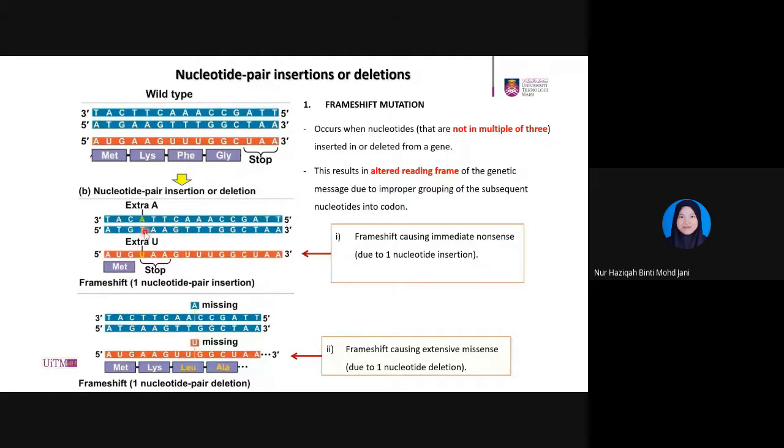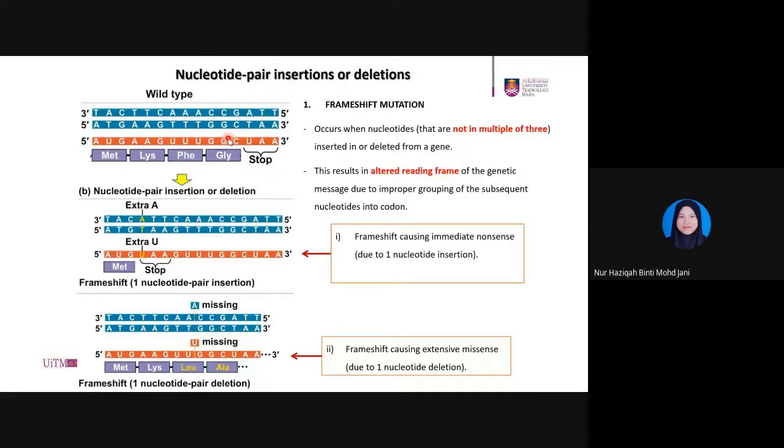Sama juga if you insert a nucleotide pair, kan, instead of TTC dia baca ATT. C ni dia anjakkan kedudukan dia kepada next codon. Okay, so this will alter the reading frame of the mRNA, produces a different sequence of amino acids.